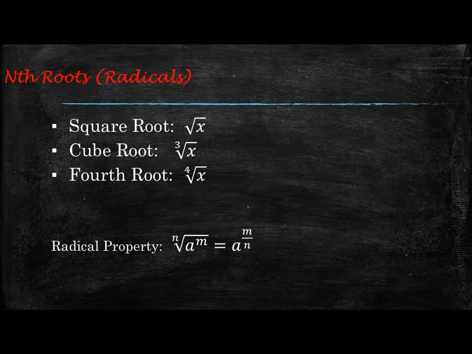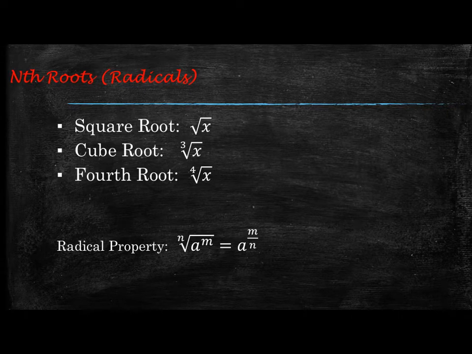Okay, so we've got these nth roots. Another word for that is just radicals. We've got square roots, which look like the square root of x. To convert that to an exponent, when you have the square root, that's the same thing as x to the 1/2 power.